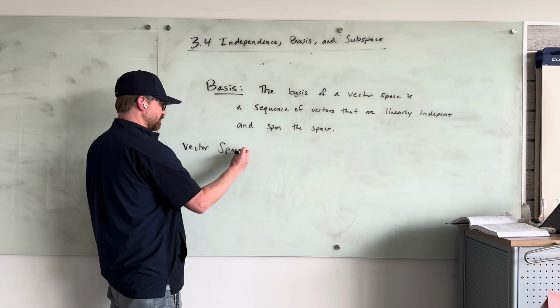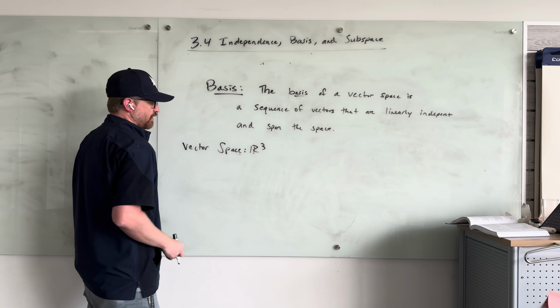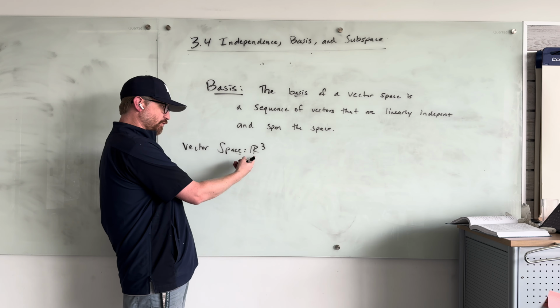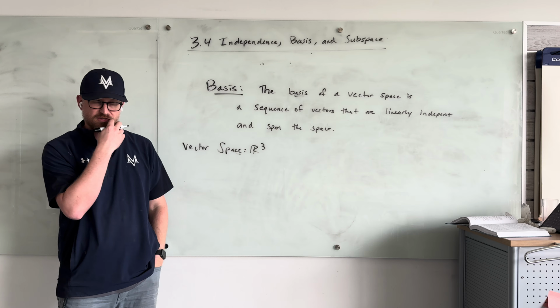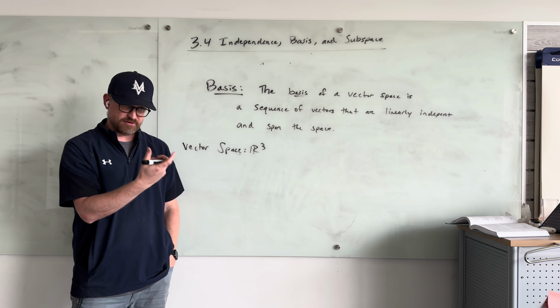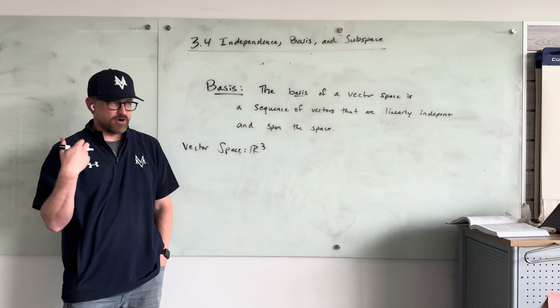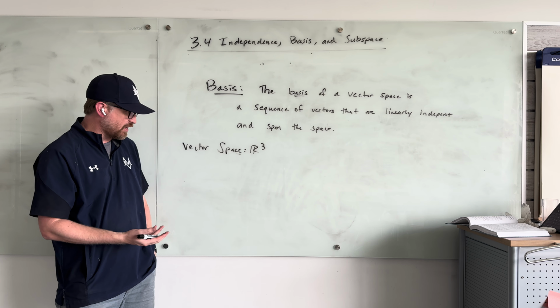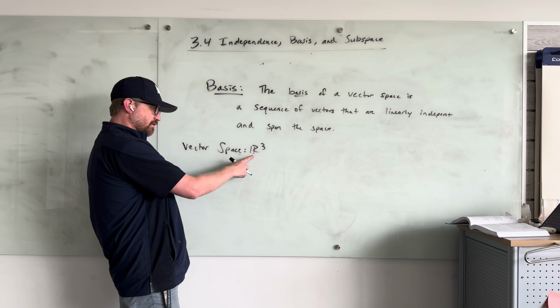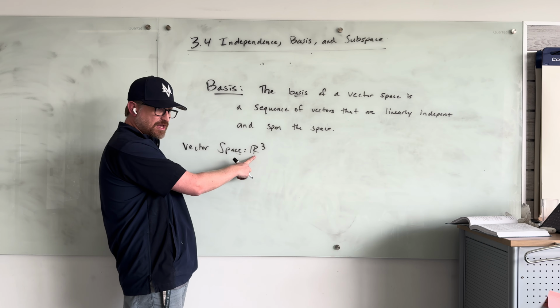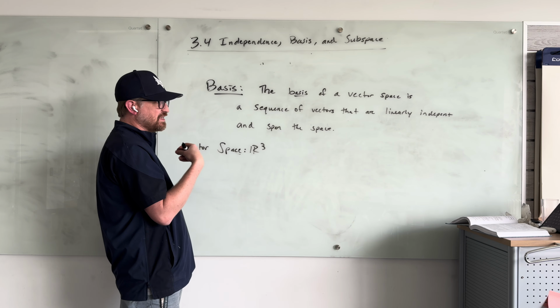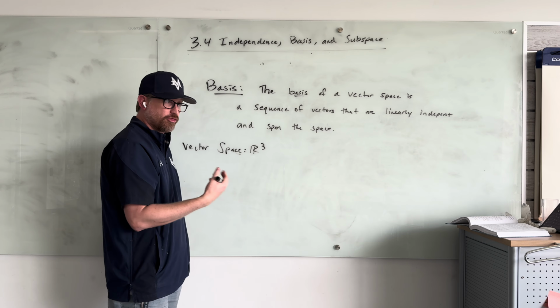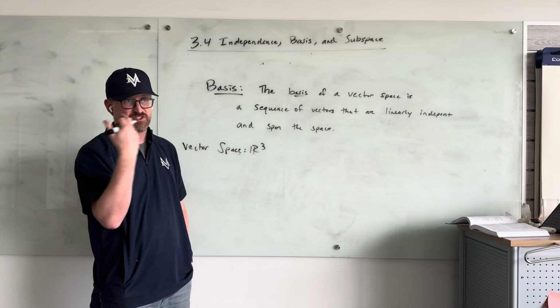If I want to come up with the basis for this, I need to come up with a sequence of vectors, a set of vectors that aren't dependent on one another, so none of them are combinations of each other, and every point in this space can be gotten to through that sequence of vectors.